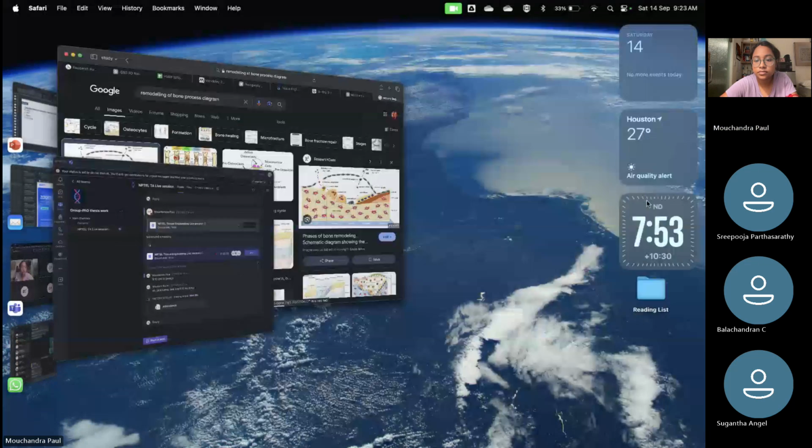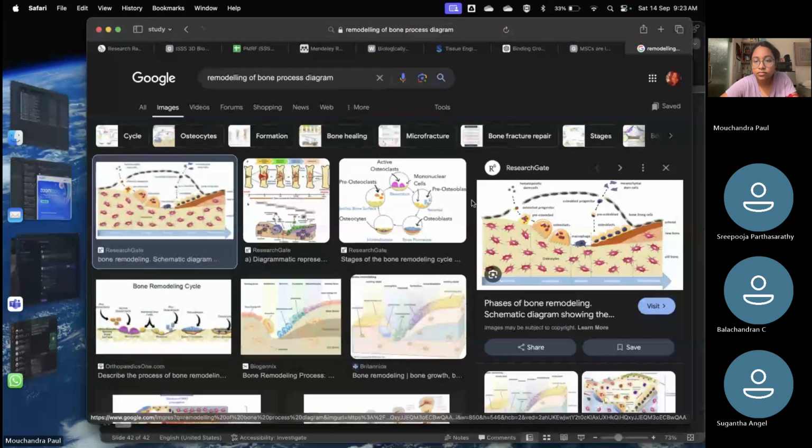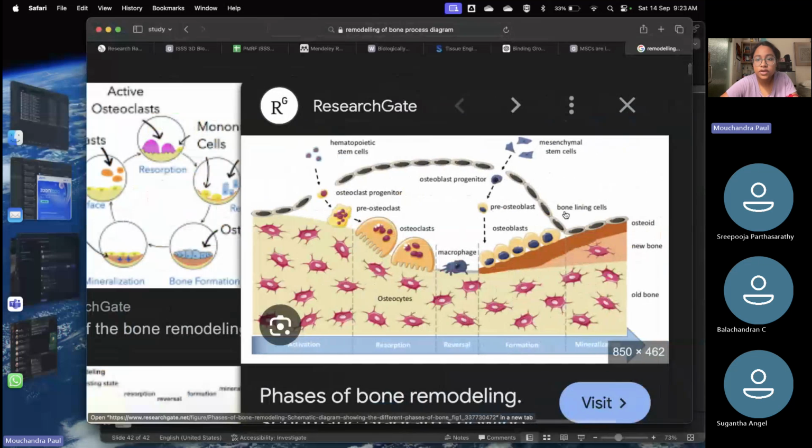Yes, ma'am. This is a very good diagram that I found from a simple Google search. First, this is the old bone. The matrix is your old bone, which needs to leave, and new bone is going to form. That is remodeling, that is being shown here.